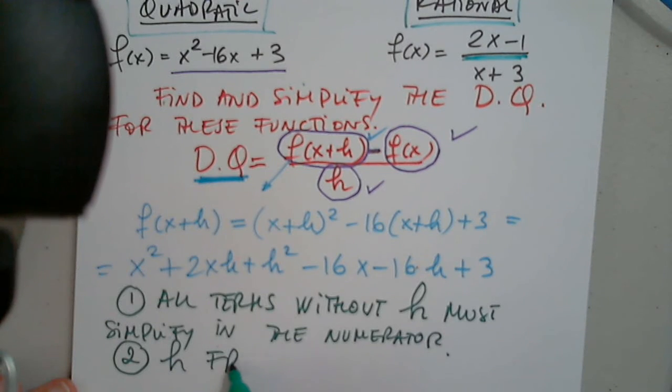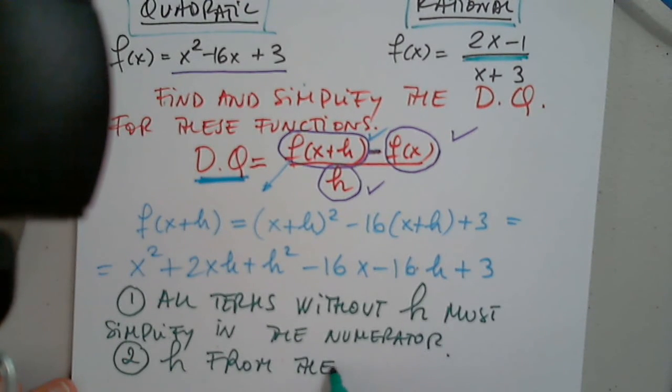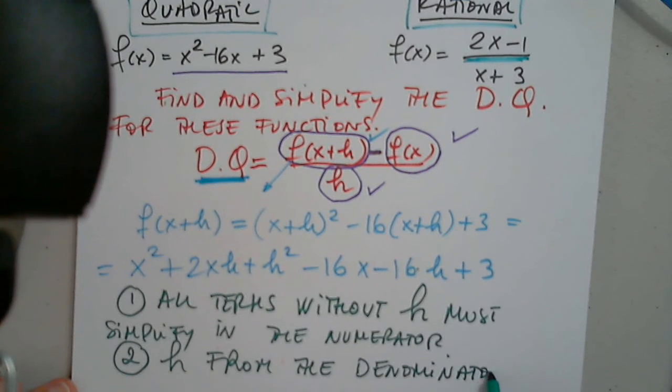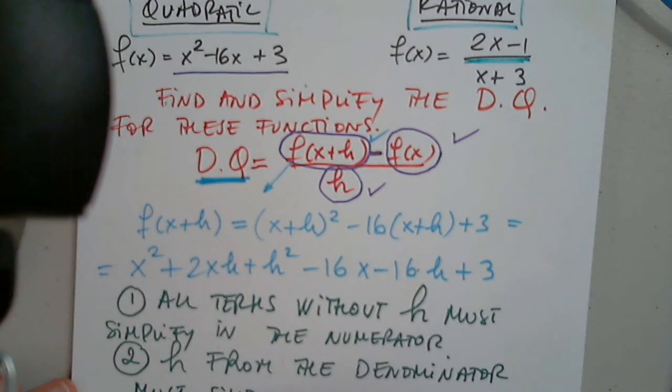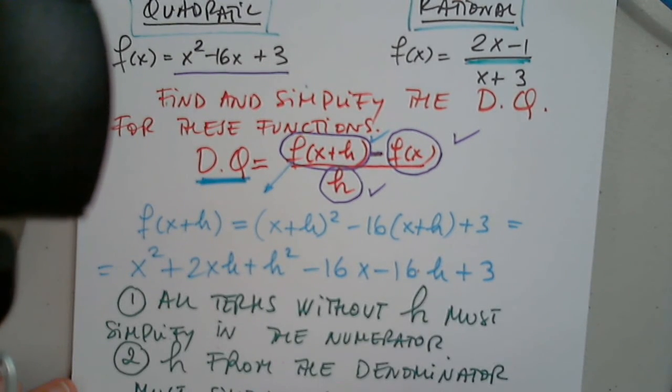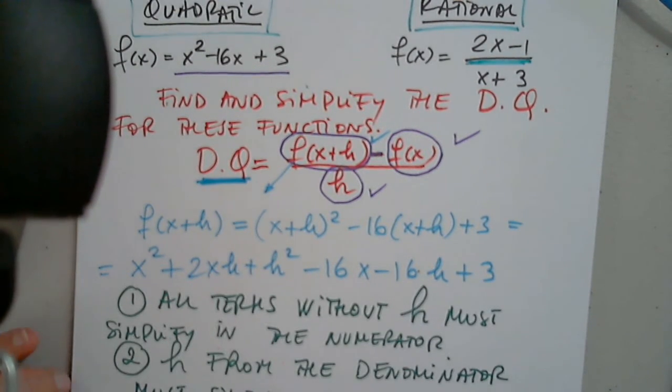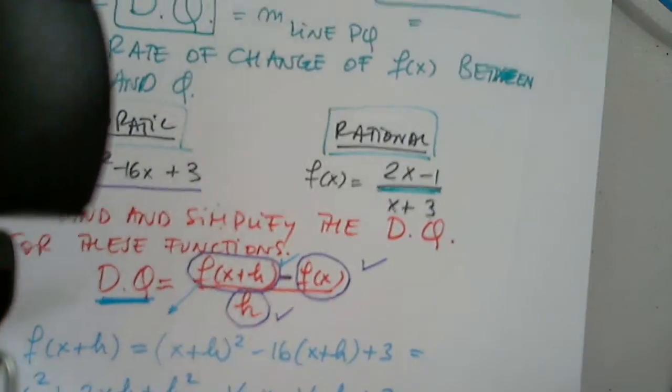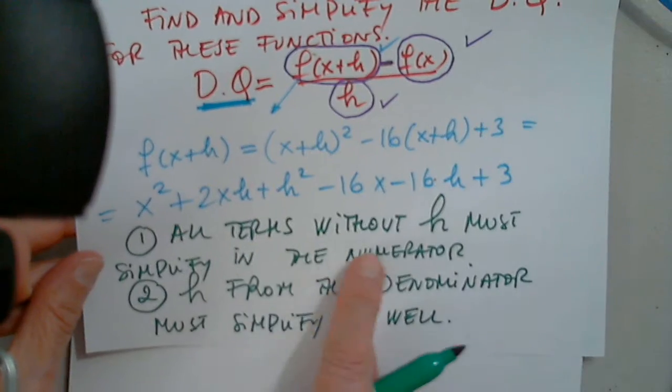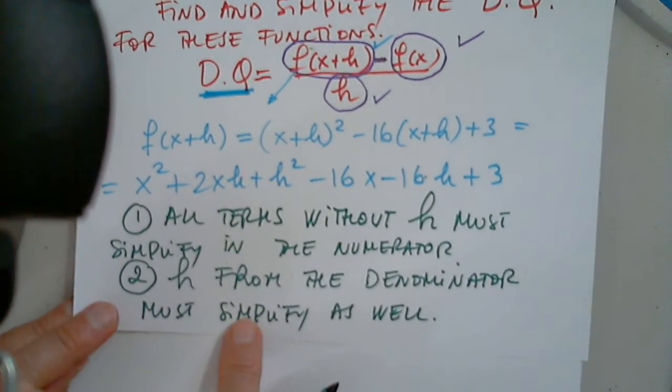Number 2, h from the denominator must cancel out, must simplify as well. If it doesn't, I'm in trouble. It means that the first part is not correct.